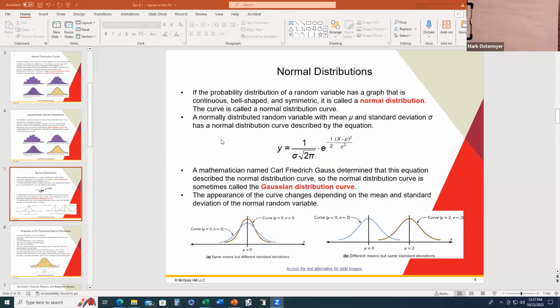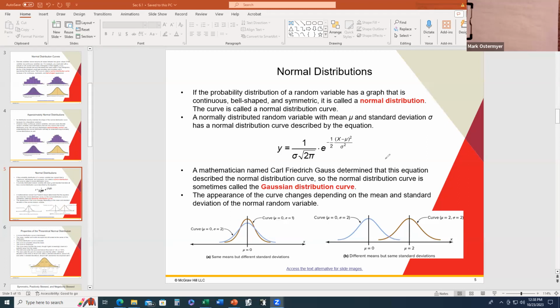All right, now the function that generates a bell-shaped curve or a normal distribution probability curve is a rather complicated function. It's not an elementary function. It is actually a base e exponential function. All right, and it is a two-parameter mathematical model, if you will, in the sense that the parameters are the mean and also the standard deviation.